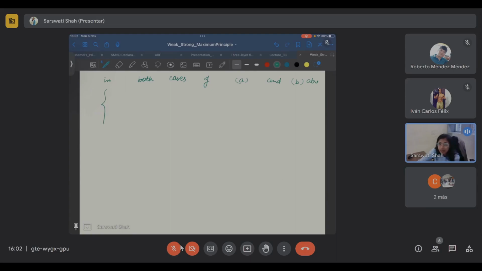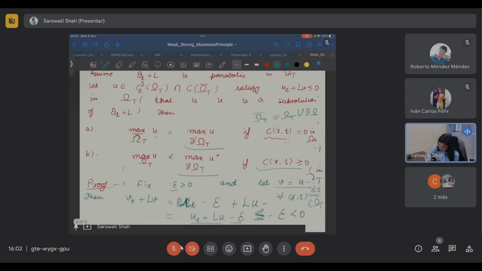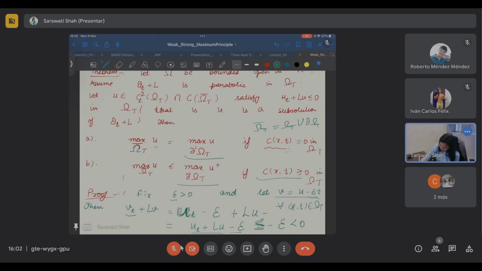Now we claim that the maximum of v over the region omega t bar is equal to the maximum of v on the boundary if c equals 0 in the region omega t, and the maximum of v over omega t bar is less than or equal to the maximum of v plus, if c is greater than 0 in omega t, because this is holding: v_t plus Lv is less than or equal to 0.